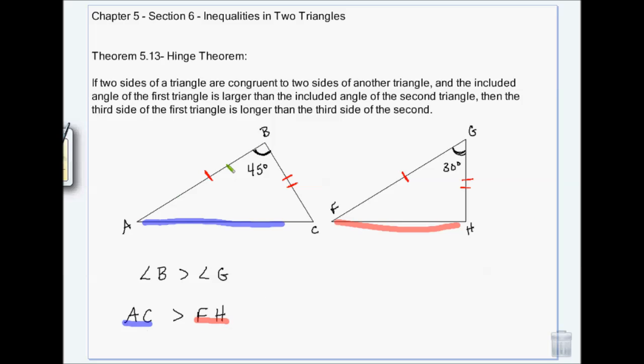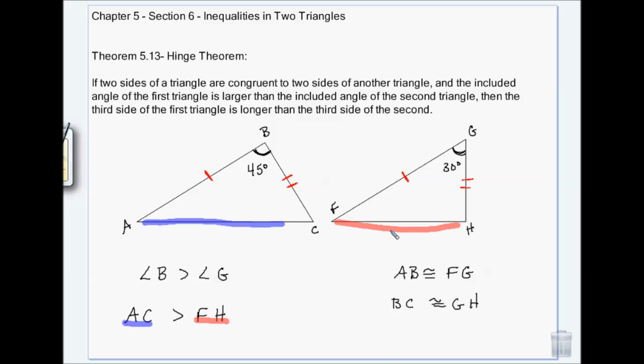So AB, here I'll write it down, AB is congruent to FG. That's AB here and FG here. And then BC is congruent to GH. So these two are the same length, but the angle is different.